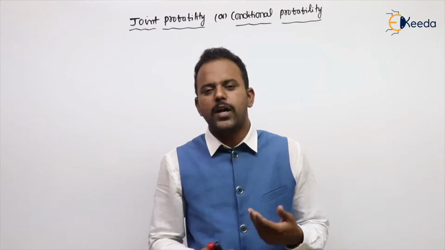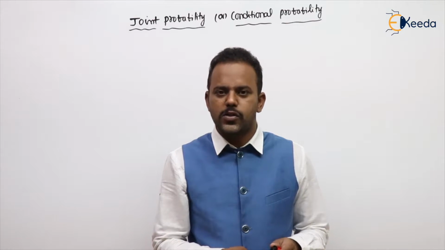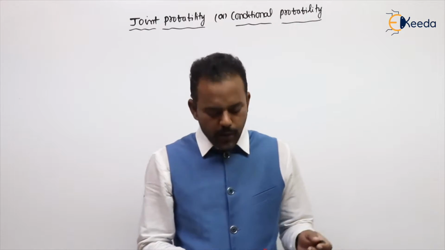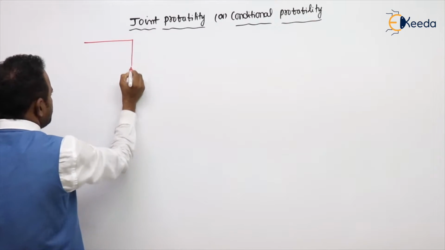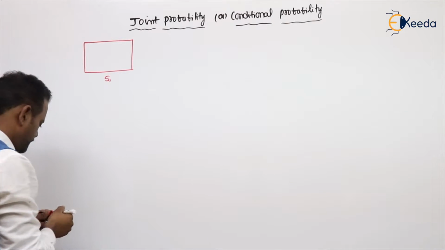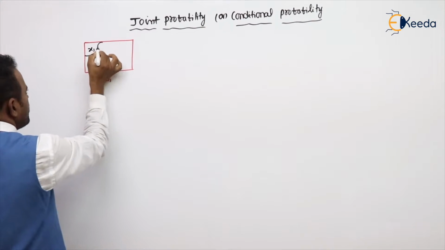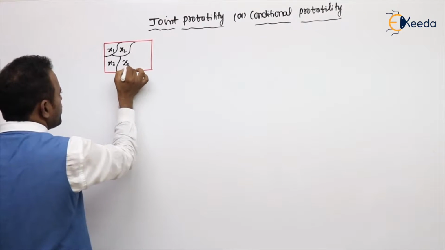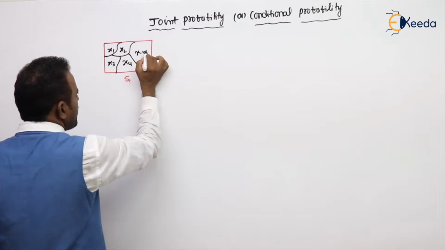Now here, xy means we are calculating the joint probability, or we can also say the probability of the whole communication system. For example, students, I have one set. Let's take some S1. It has symbols x1, x2, x3, x4, and so on, up to xm, some m number of symbols.